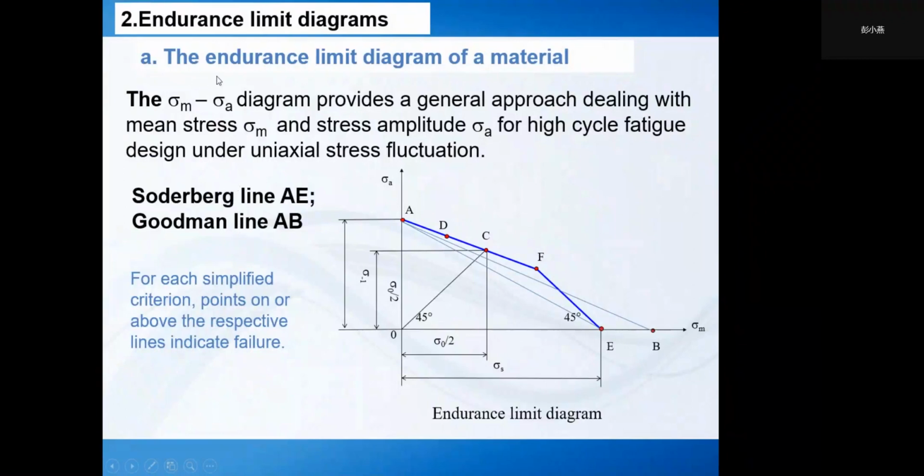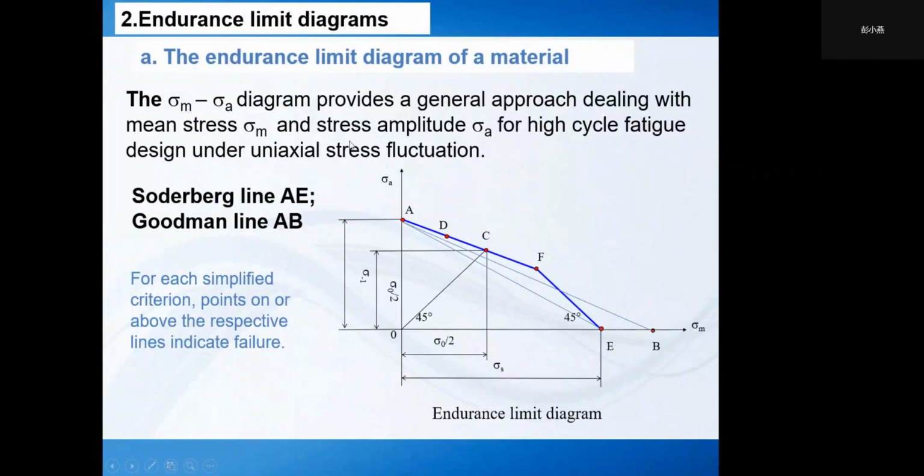And then the endurance limit diagram, the sigma A, sigma M curve, is used to evaluate the fatigue limit of materials for the same life, usually the cyclic number N0, under different stress ratios.